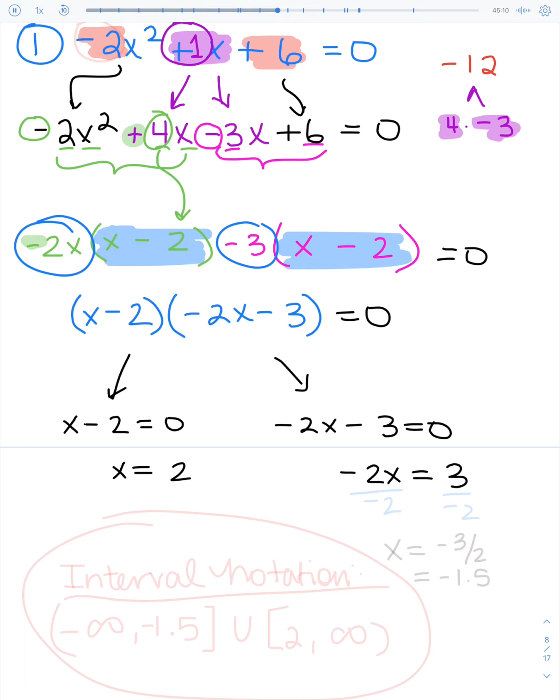Then we'll divide both sides by a negative 2, which gets us x equals negative 3/2, which is actually a nicer number. It is, let's see, negative 1/2. Remember, these two values are where you're going to cross your x-axis. So that means you're going to cross your x-axis at a positive 2 and a negative 1/2.